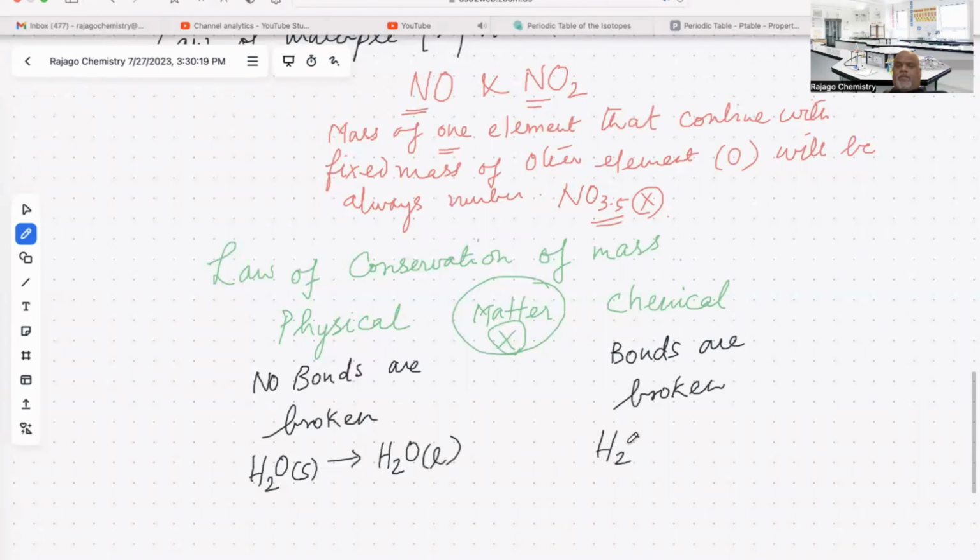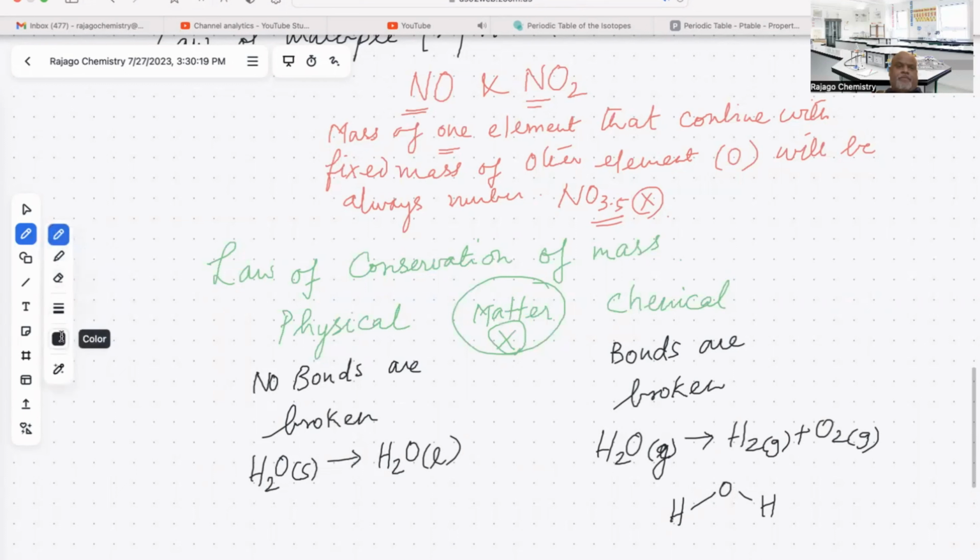When liquid or gaseous water separates into hydrogen gas and oxygen gas, this is a chemical change. So I am breaking the bonds. Clearly, I am breaking this bond. This is a chemical change.